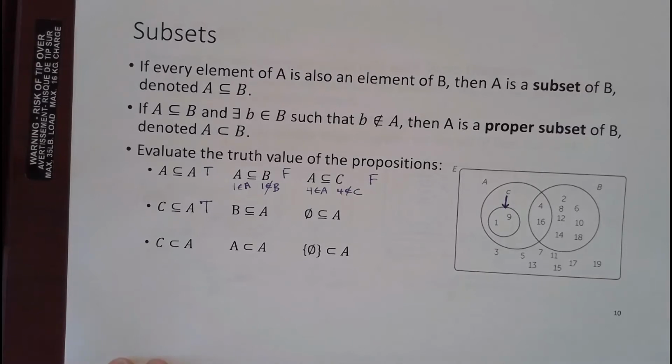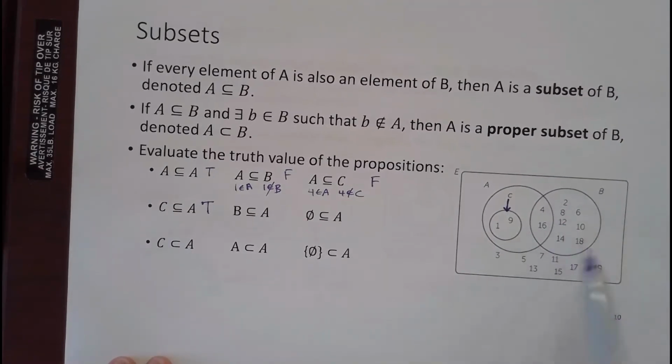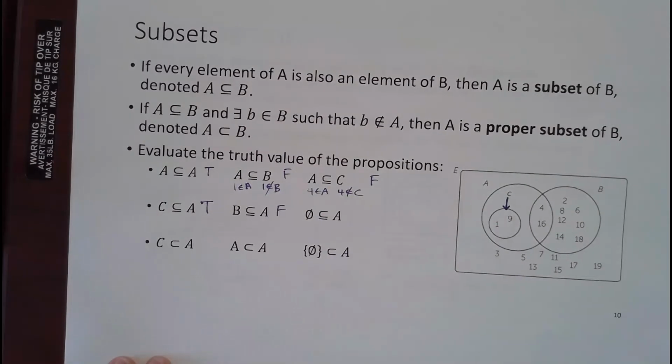Is B a subset of A? Is everything in B also in A? No, there's a whole bunch of stuff over here that's in B but not in A, so this one's false. Is the empty set a subset of A? Everything in the empty set is also in A. Yes, of course.